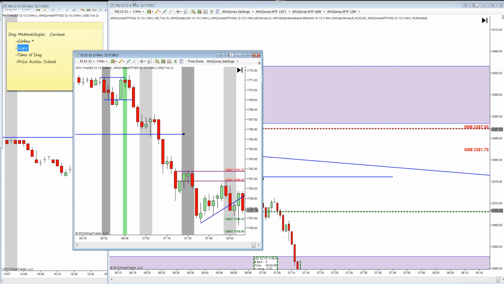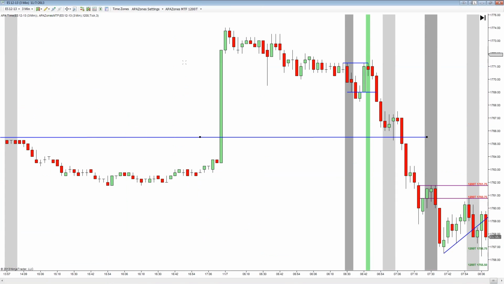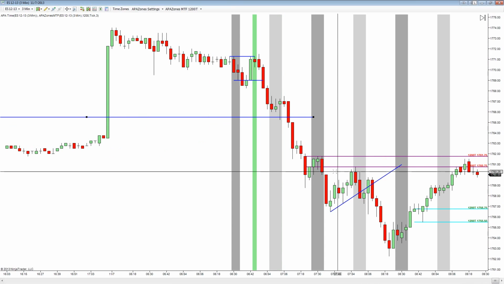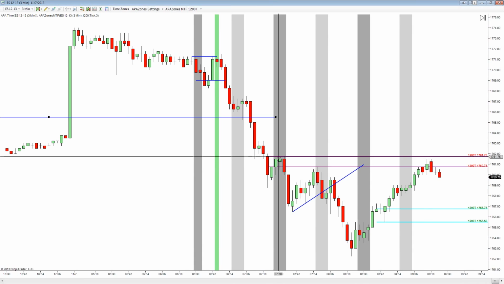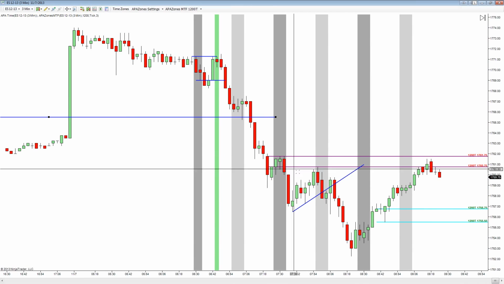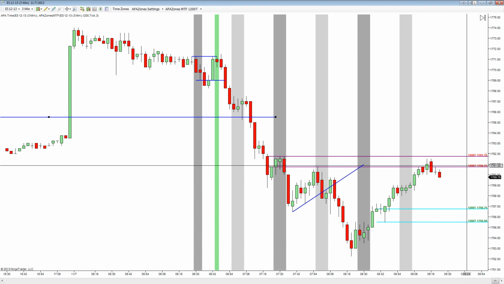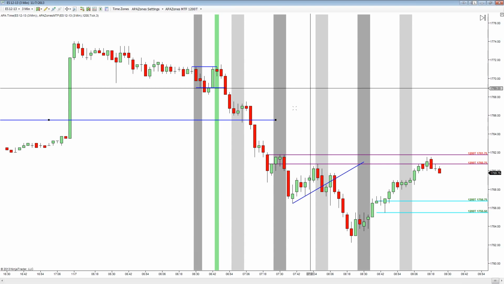Let's go back to my little checklist here. I was talking about time of day, and a little bit about that first range. Time of day seems to work really well on the ES for some reason, as well as several of the indexes. You tend to get retests and new lows right around the tops and the bottoms of the hour. I think that's real. All that really counts to is institutional buying and selling, so that's why it is the way that it is.